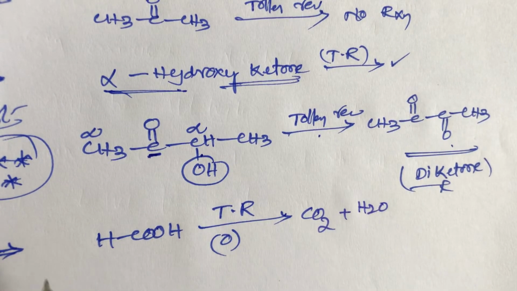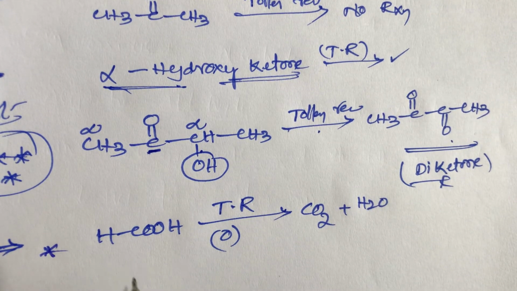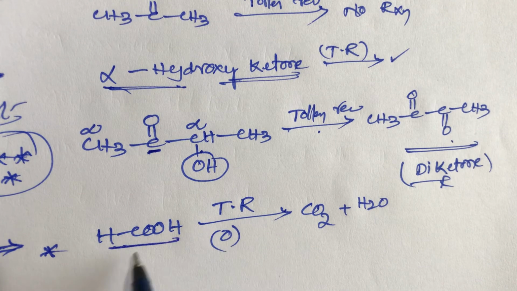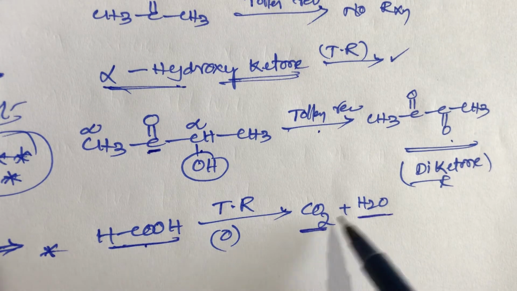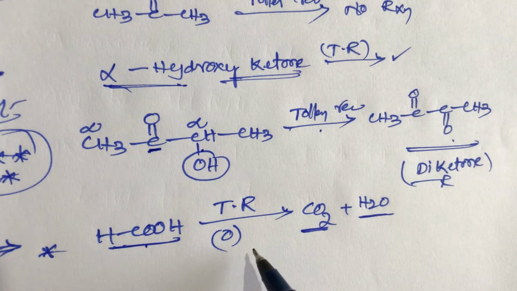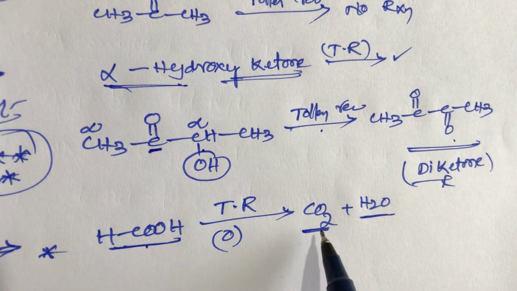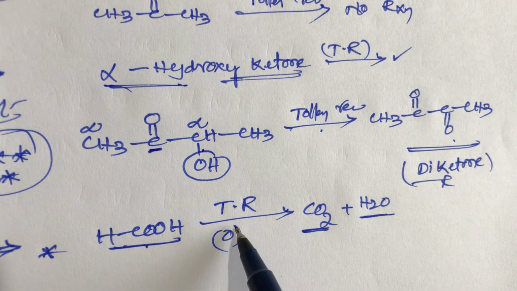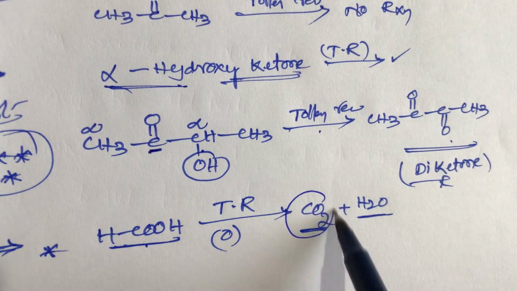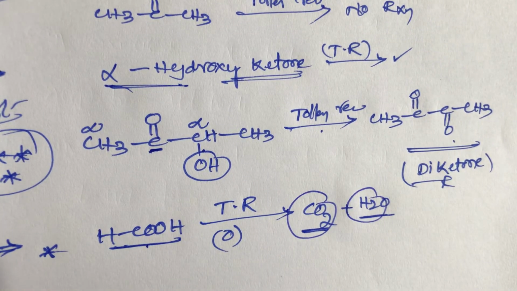This is also very important, student. This Tollens reagent can oxidize formic acid also. This formic acid is converted to CO2 plus water. This is called the oxidation reaction. So formic acid on oxidation in the presence of Tollens reagent gives carbon dioxide and water. This is also an exception case, student.